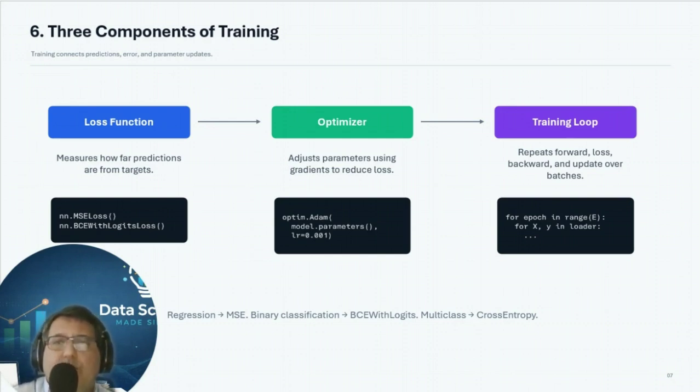The optimizer then uses that information to update the weights. Adam is more sophisticated than basic gradient descent because it keeps adaptive statistics about the previous gradients. But conceptually, the objective remains the same: modify the parameters so that the loss decreases.